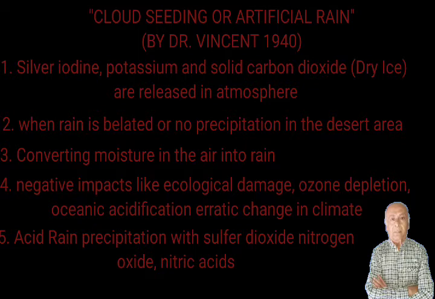moisture is there in the air, whatever moisture is left over and a little bit of rain water is there in the cloud, these clouds will be squeezed by the artificial rain or artificial precipitation or cloud seeding. So the area can get a little bit of water, like for example Saudi Arabia, Dubai, Bahrain.